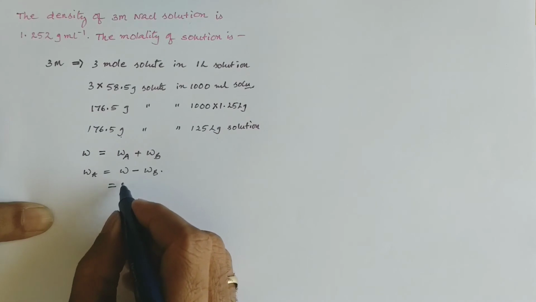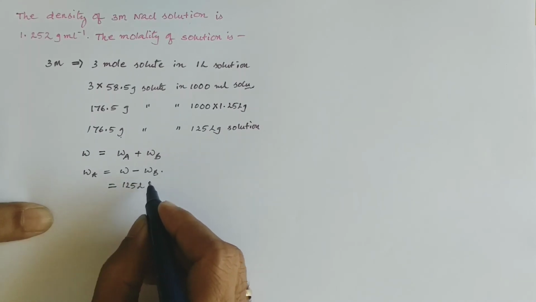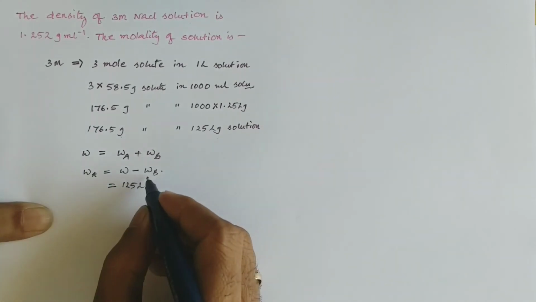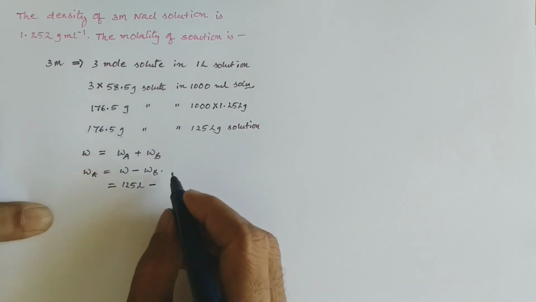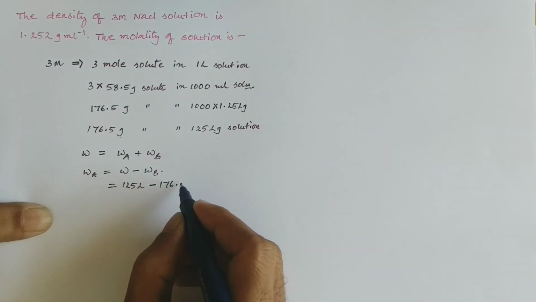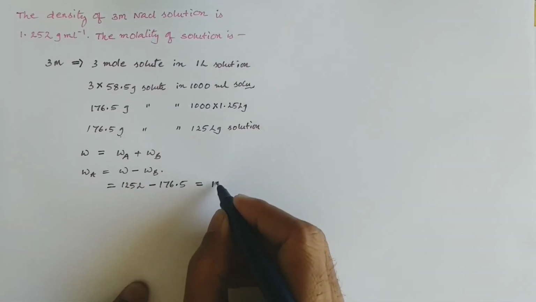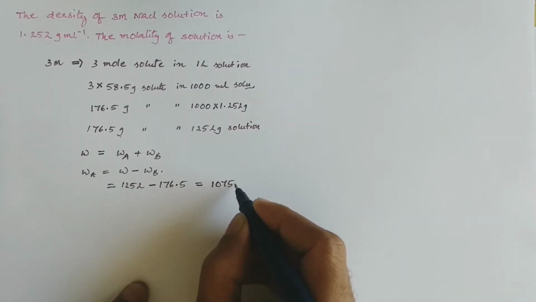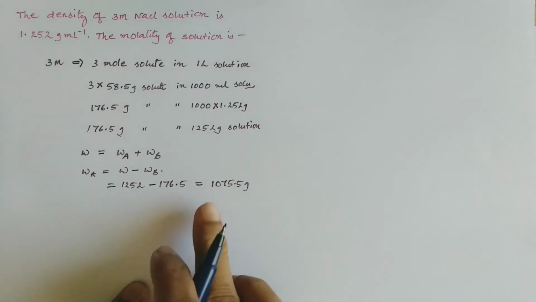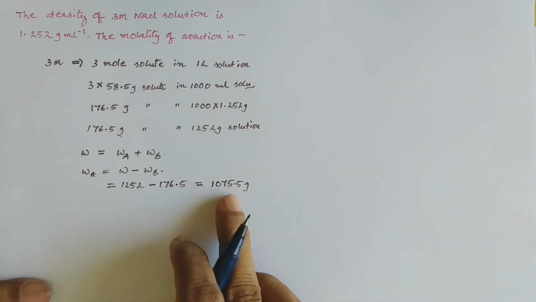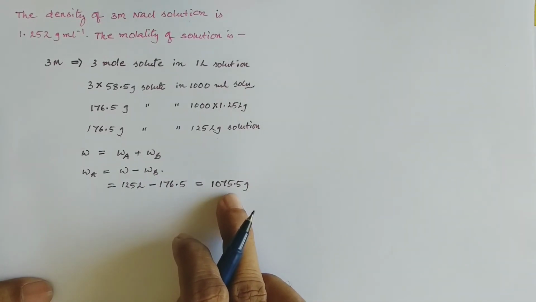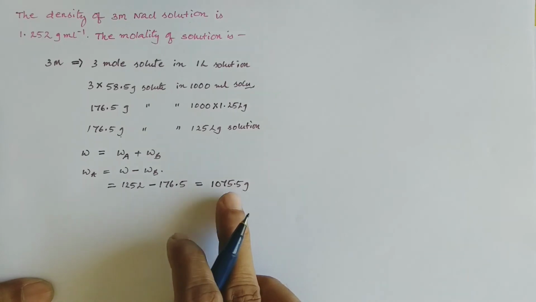Mass of solution is 1252 gram minus mass of solute 176.5 gram, so that is equal to 1075.5 gram. This is the mass of solvent in 1 liter solution.